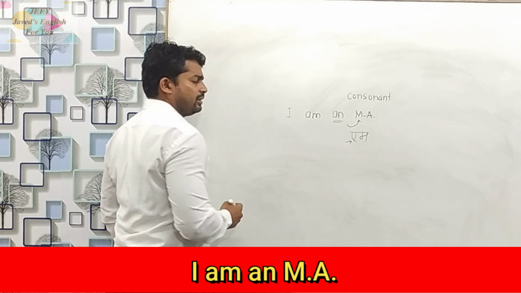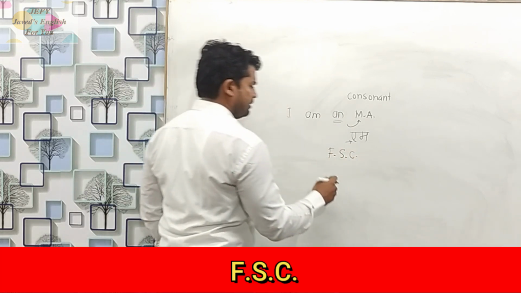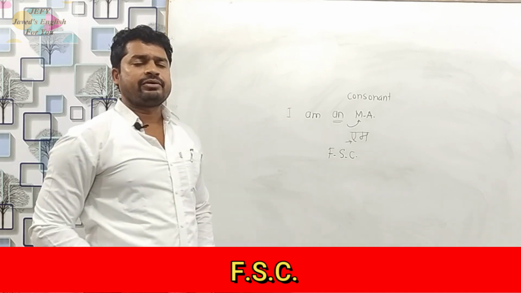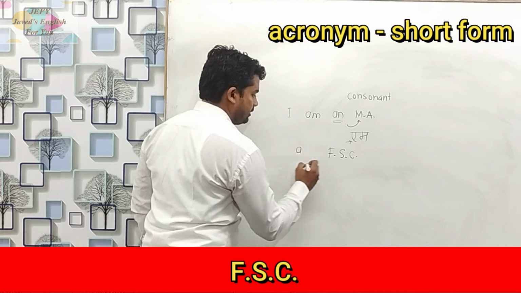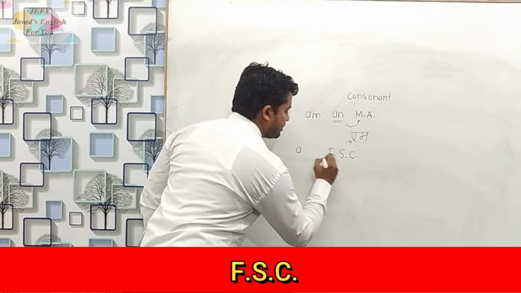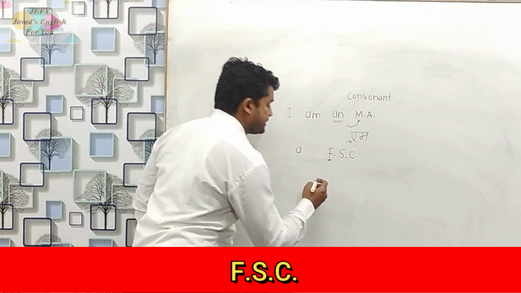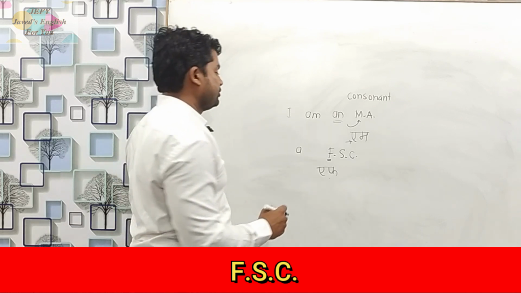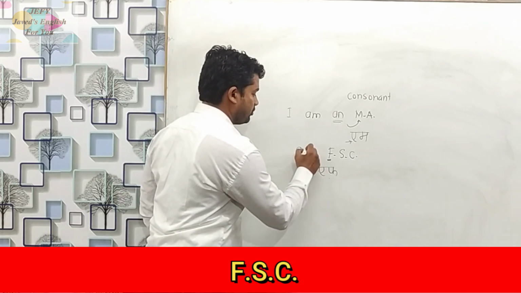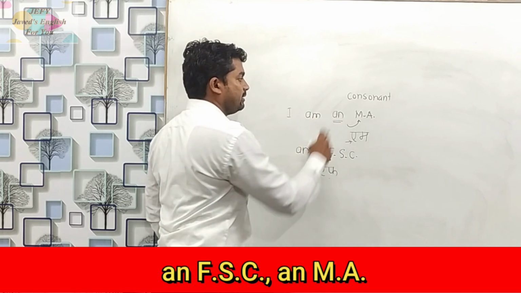In the same way, if I say FSC, suppose it's a short form, an acronym for something, I cannot say a because it's a consonant. Focus on the pronunciation, on the sound. We say ef, ef, A. So because of this sound, we have to say an FSC and an MA in this way.